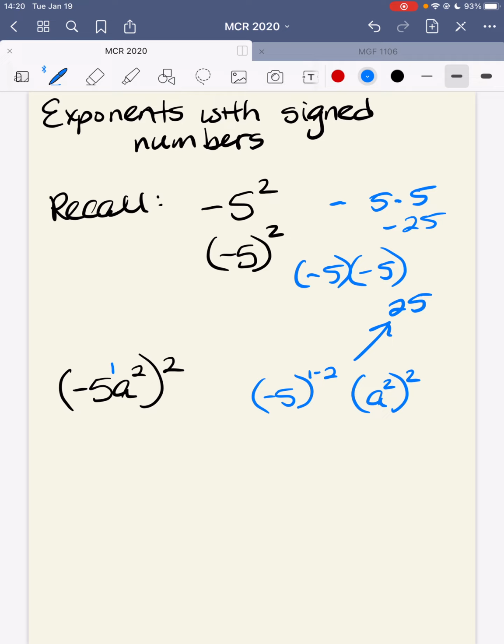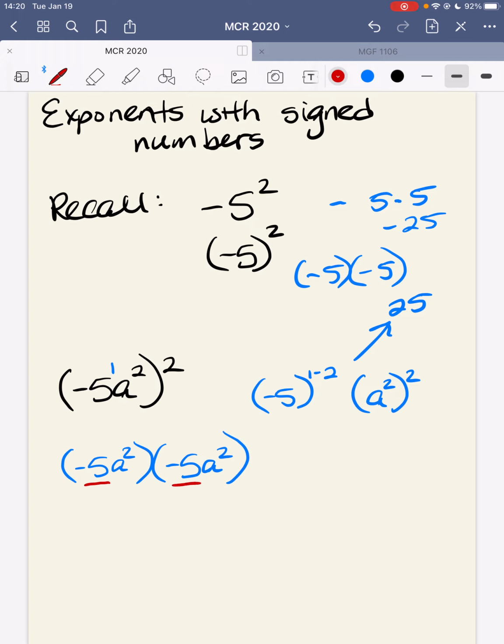I like to, when I have the power rule and signs, and seeing as I'm not giving you any powers really higher than 3, I would take the extra time to go ahead and write this out as the product rule. Now there's no doubt in your mind that I have negative 5 times negative 5.